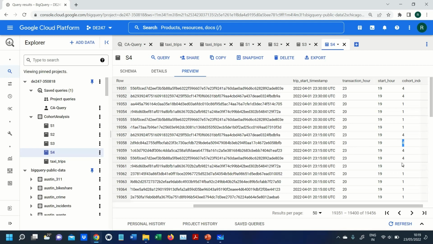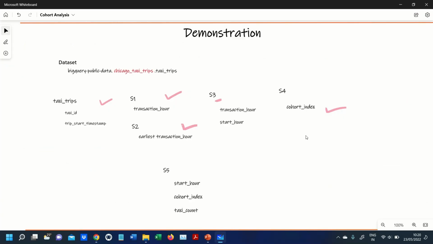For another taxi, there is a transaction in the first subsequent hour. So that is how we were able to express the same transaction log with the taxi ID, the start hour, and the cohort index.